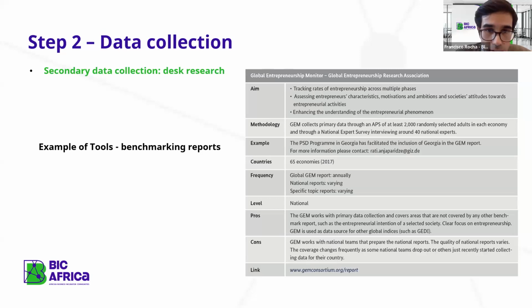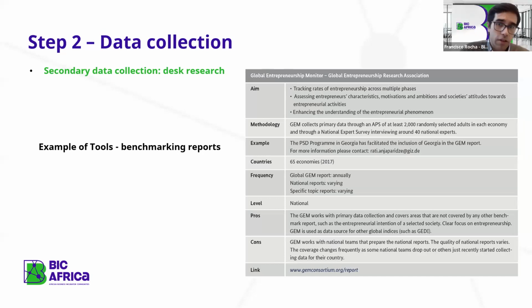You will see there the example that GEM works, of course, with primary data collection in all countries that it focuses on. It has a clear focus on entrepreneurship, and it is a data source that exists since more than 20 years. So you will have a lot of data to base your work in. Of course, there are some cons against it.